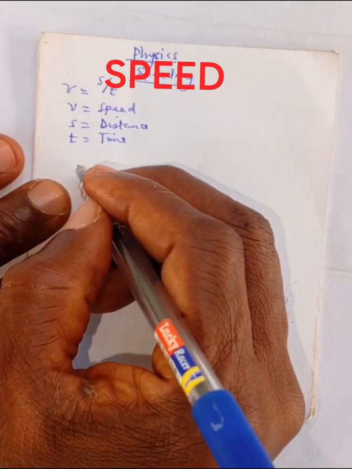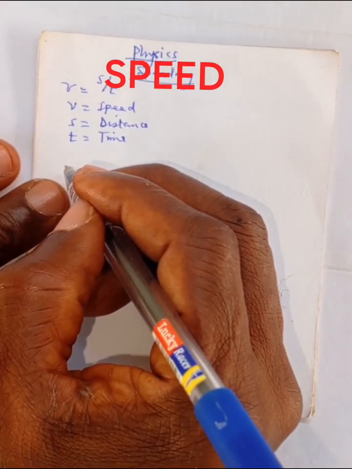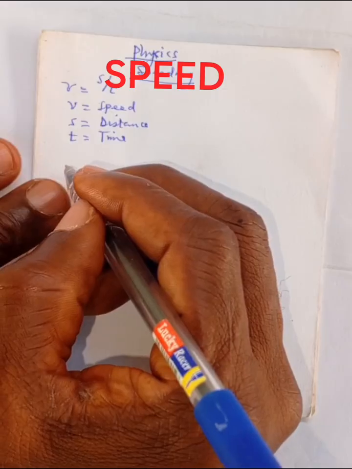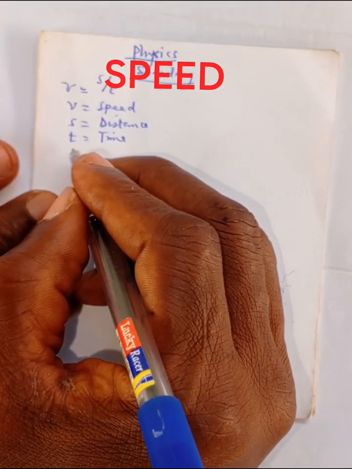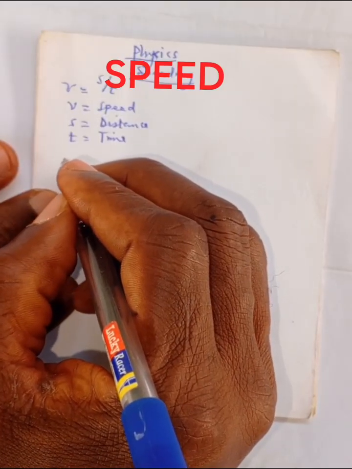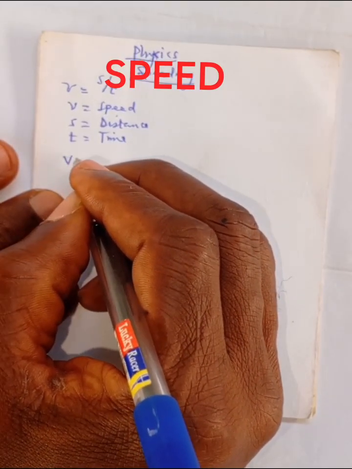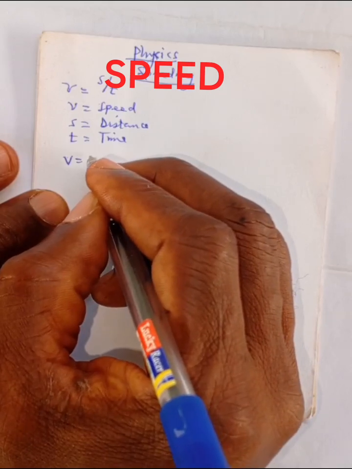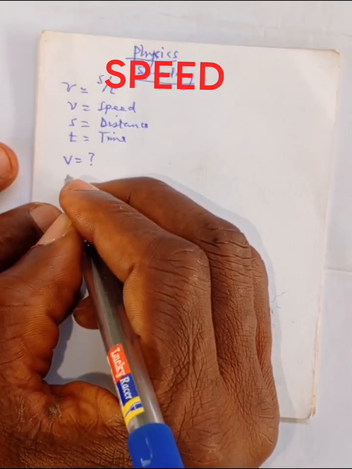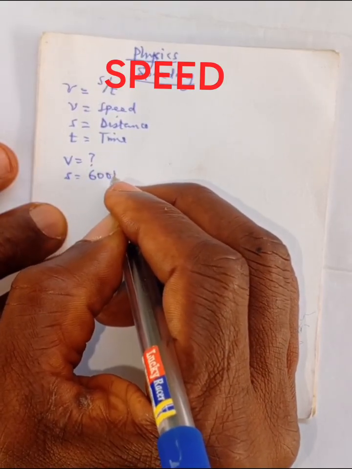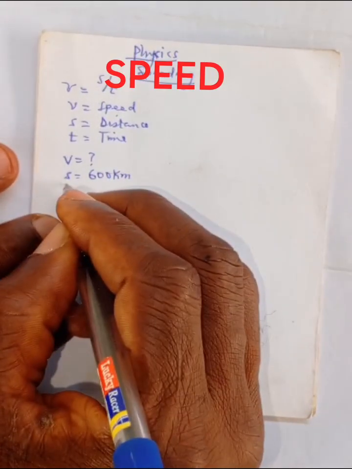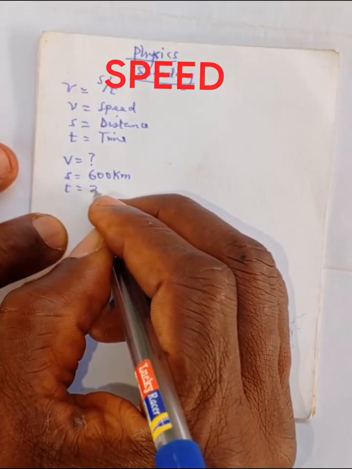Like the question we mentioned, let us say V is the speed we are looking for, the distance is 600 kilometers, and the time taken is 2 hours.